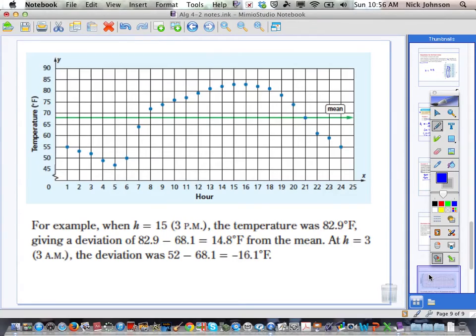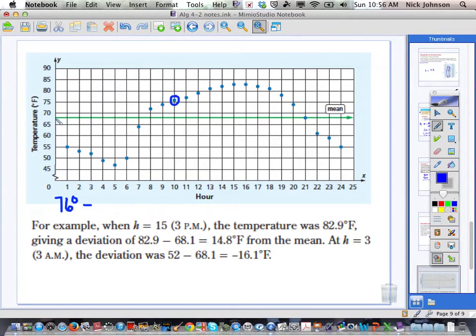So let's take a look at that. Here's our temperature. All these points across here are temperature readings at certain hours during the day. If I were to look at this temperature, let's say at the 10th hour, my temperature right now, let's say it's 76 degrees. So, 76 degrees minus my mean. What was my mean?